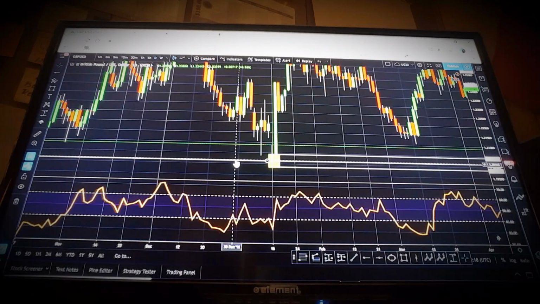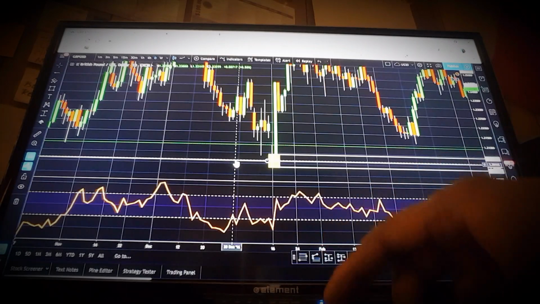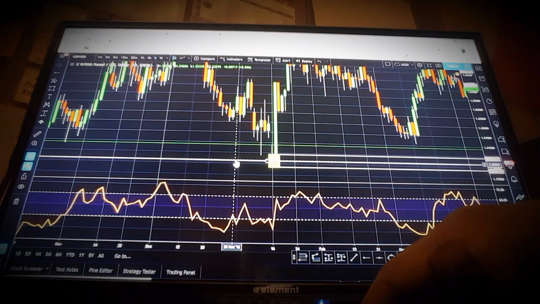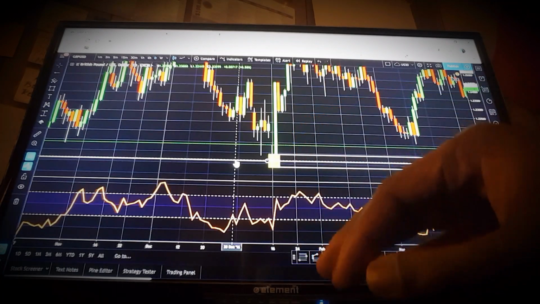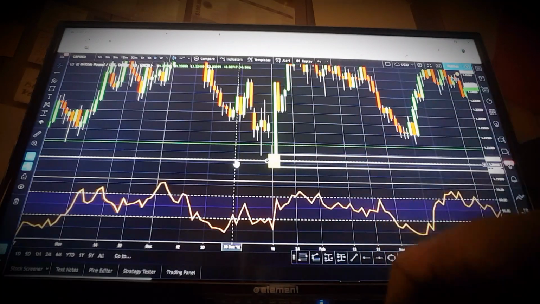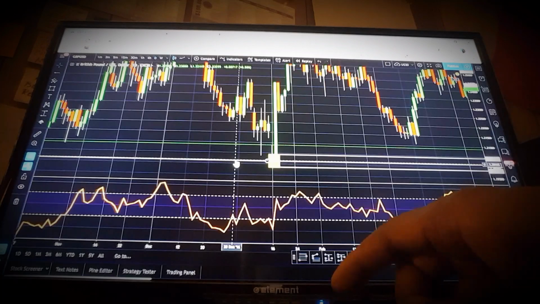Alright. Now, here's the next thing. We need to find out if this zone has ever been hit. And hopefully it's never been hit until now. And if that is true, now we have a direction.